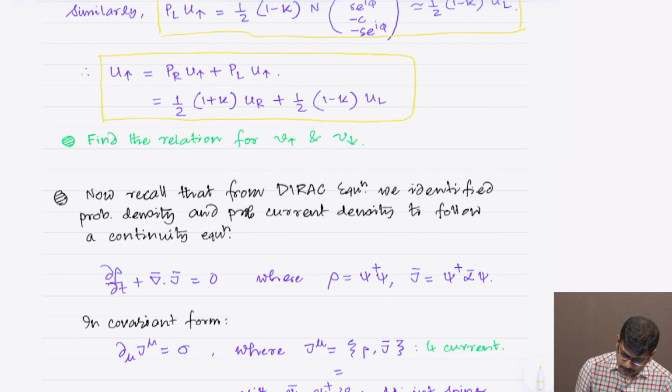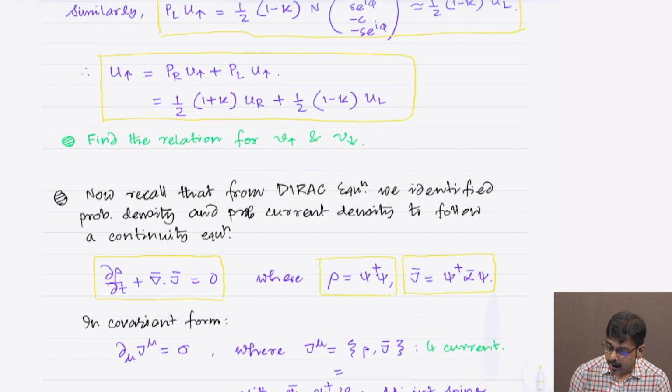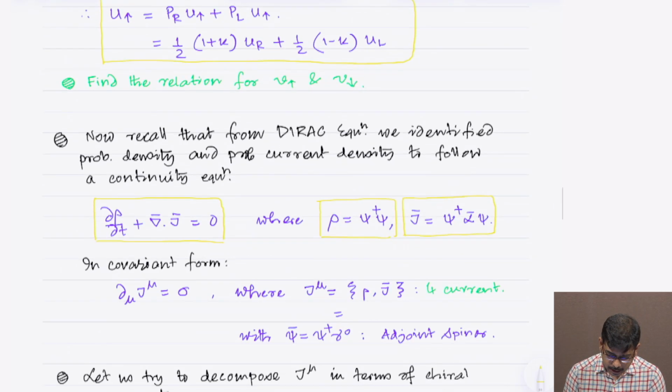Similarly, for the Dirac equation, we could devise a definition of rho and j, so that del rho by del t plus divergence of j is equal to 0, and it turns out that rho was psi dagger psi and j was defined as psi dagger alpha psi, where alpha was one of the matrices with which we wrote the Dirac Hamiltonian.